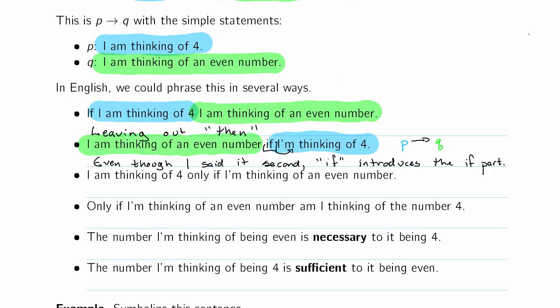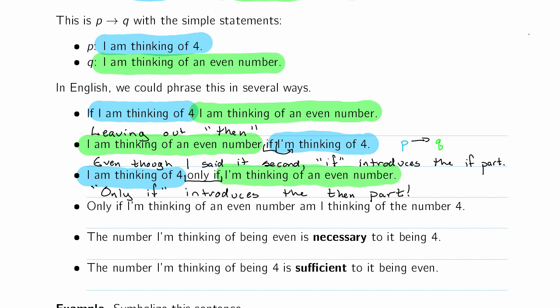We could also say, I am thinking of 4 only if I'm thinking of an even number. Okay, so this is a big problem. If always introduces the if part, only if always introduces the then part.